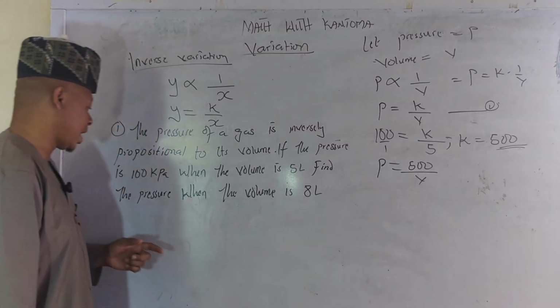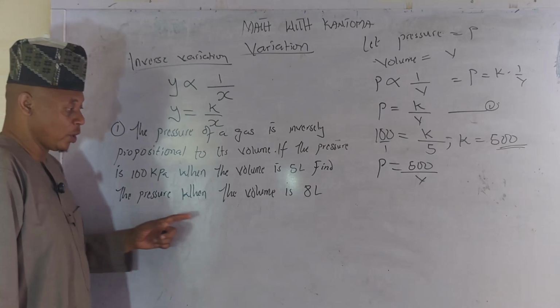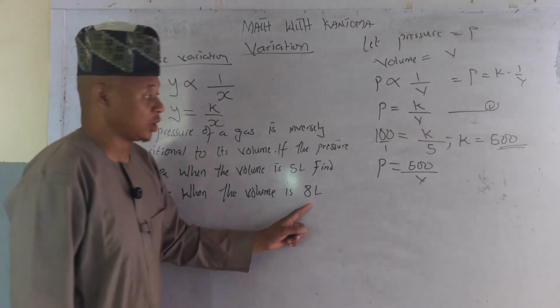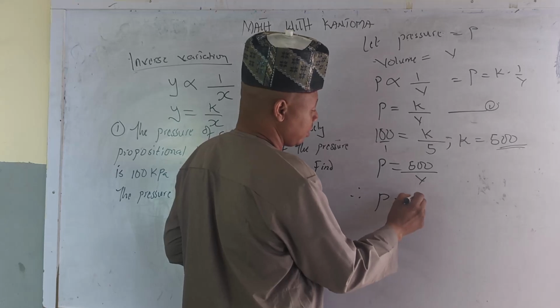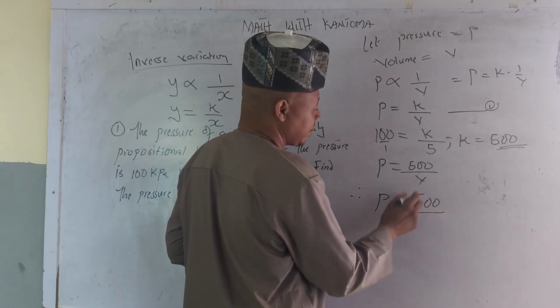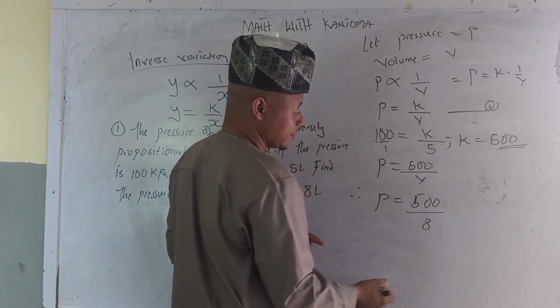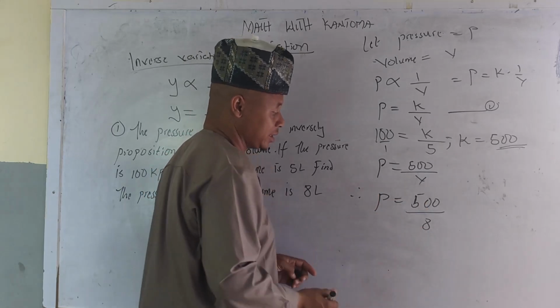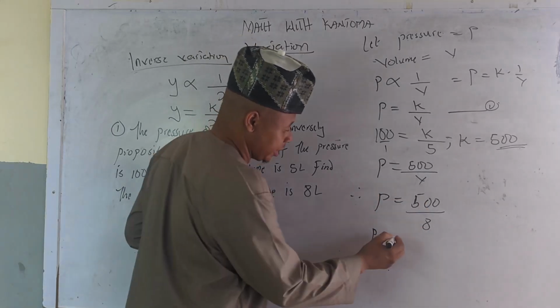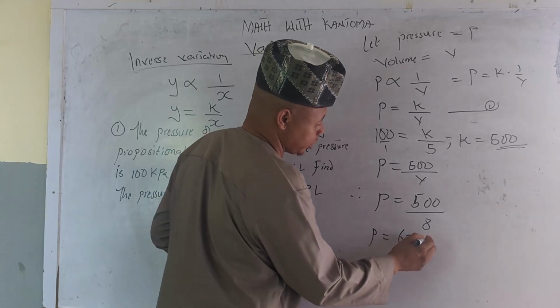But the question asks us to find the pressure when the volume is 8 liters. So the pressure is equal to 500 divided by 8 liters. So 500 divided by 8 is going to give us 62.5.